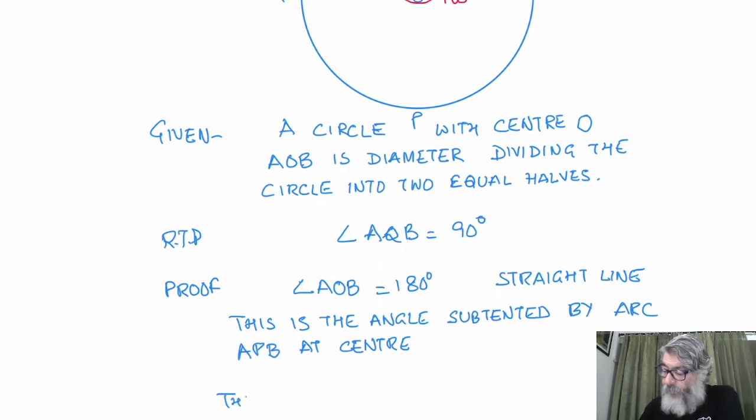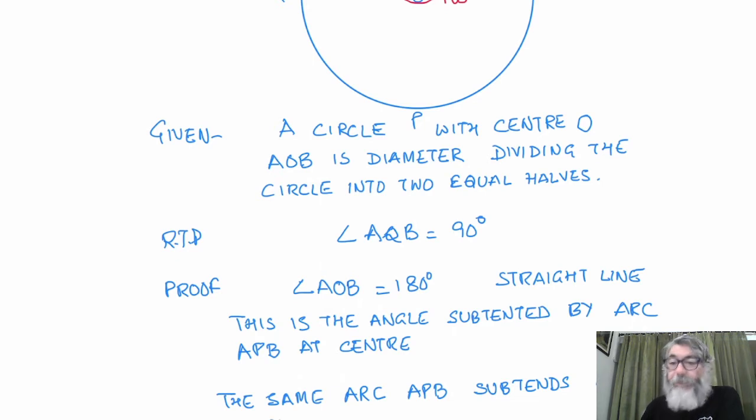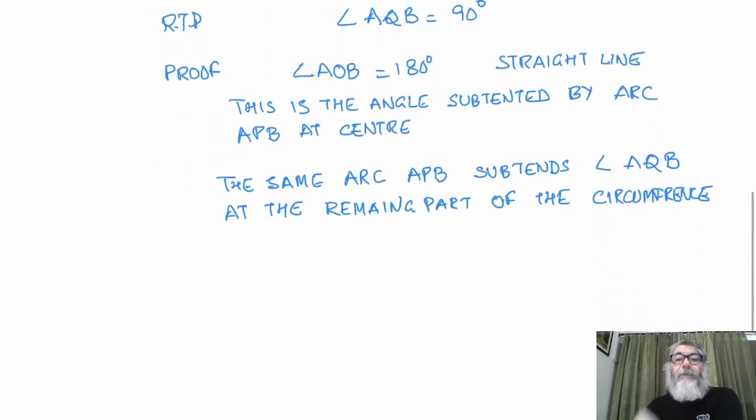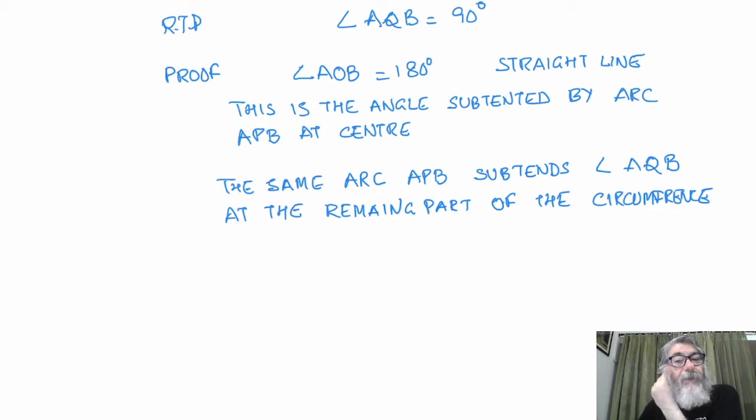The same arc APB subtends angle AQB at the remaining part of the circumference.